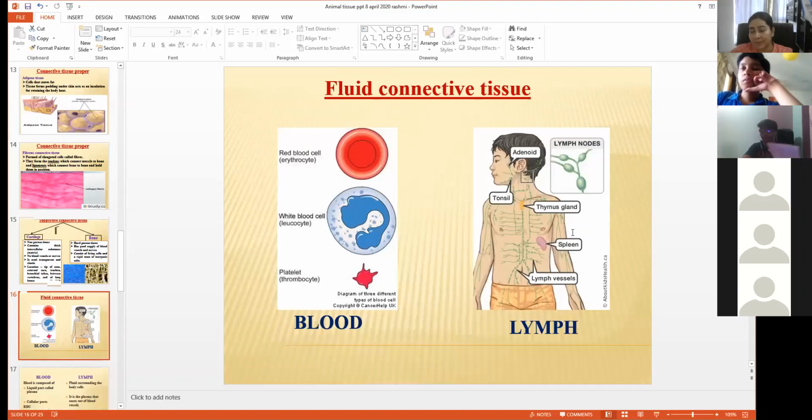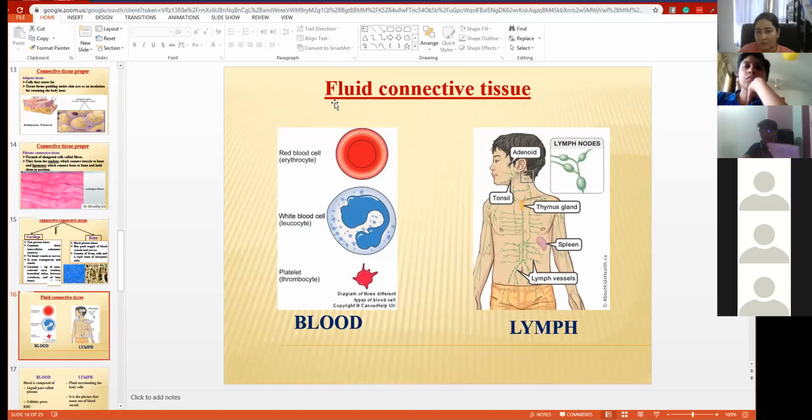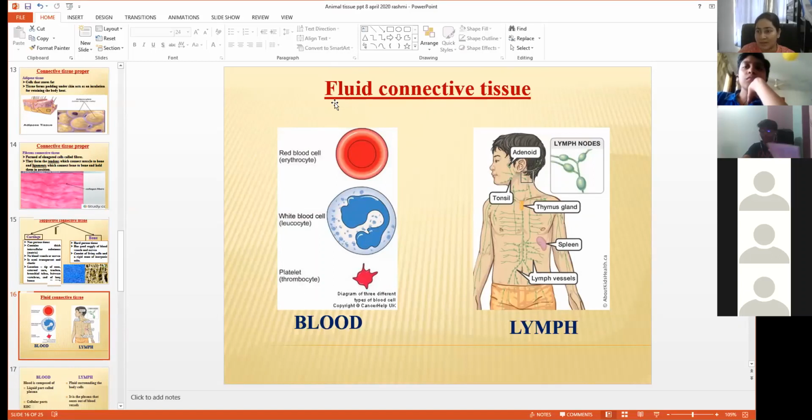We move on now to the next kind of tissue, which is called fluid connective tissue. Now students, as the name suggests, fluid, that means this connective tissue has to be fluid in nature. It has to be watery in nature, right? So which are the two elements which are in a state of constant movement inside our body?